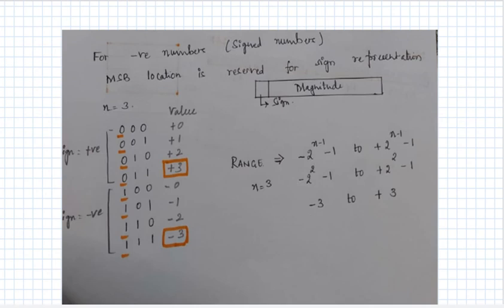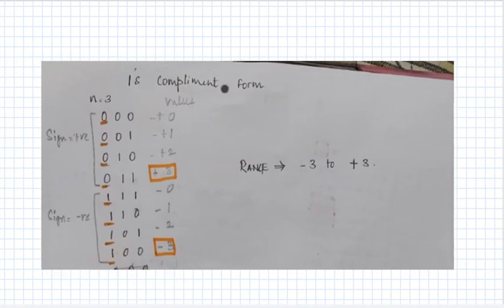Okay. Now we'll see the second representation of a negative number. It is the one's complement form. It is simple. It is just a reflection of your positive number, obtained by changing zeros to ones. So I have here 0, 1, 2, 3, and how do I write -0? I complement +0, so 000 becomes 111.